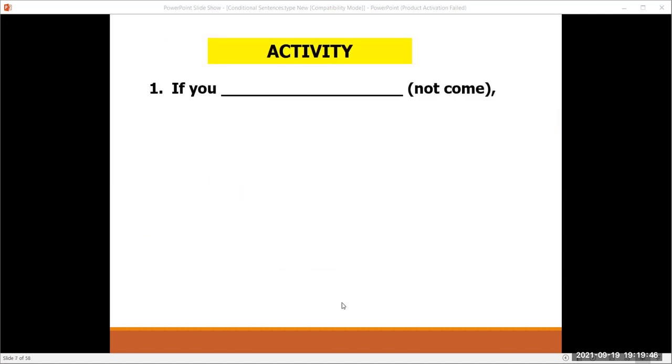Let's do an activity. If you not come, you miss the show. Can you complete it? Is it a 100% certain activity, or is there some gap, some probability, some speculation in fulfilling this activity?